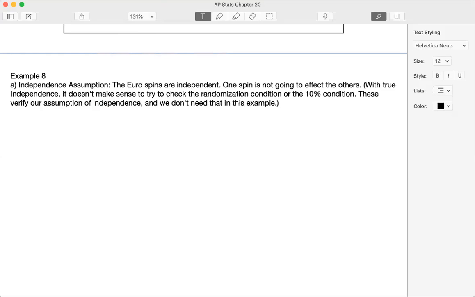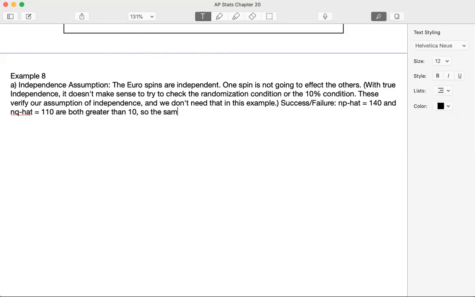We do have to check the success failure condition. So n times p hat equals 140, and n times q hat equals 110 are both greater than 10.